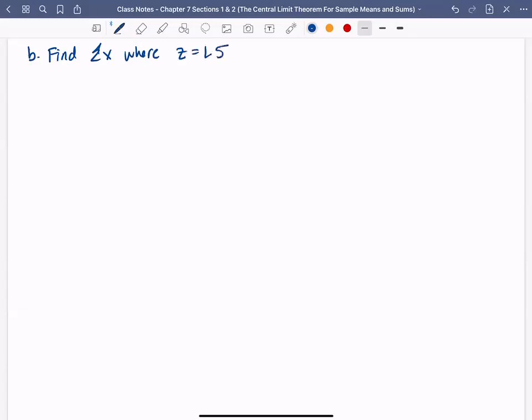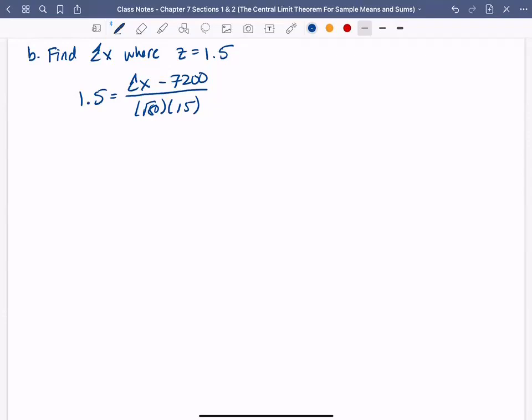I just want to review with you how to find the data point when you have the z-score. If you recall, our z-score on the left, 1.5, is equal to summation of x minus 7,200, over the square root of 80 times 15.